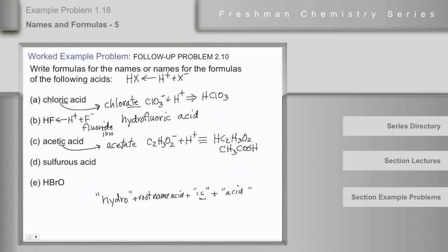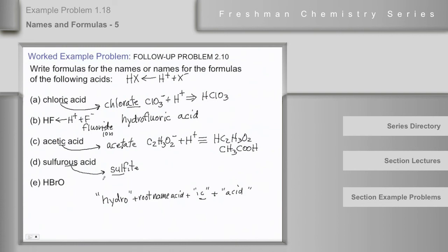Sulfurous acid has an OUS ending. And an OUS ending is derived from an anion that has an ITE ending. So in this case it would be sulfite.